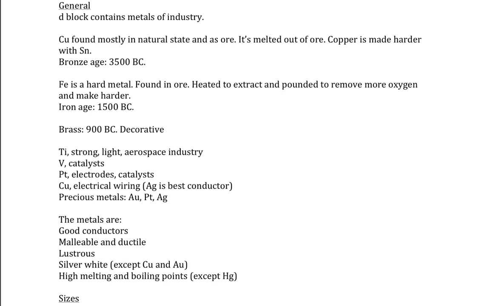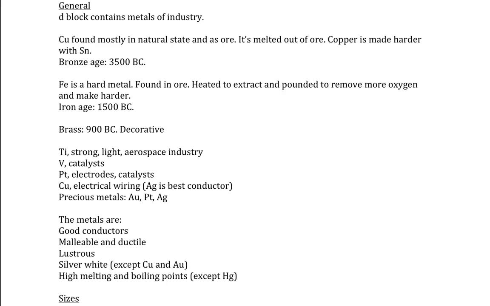Iron is harder than copper, but it was harder for people to work with a long time ago, which is why the Iron Age didn't begin until around 1500 BC. As we go from the right to the left on the periodic table, we find that they are harder to extract from how they are found in nature as a pure metal.